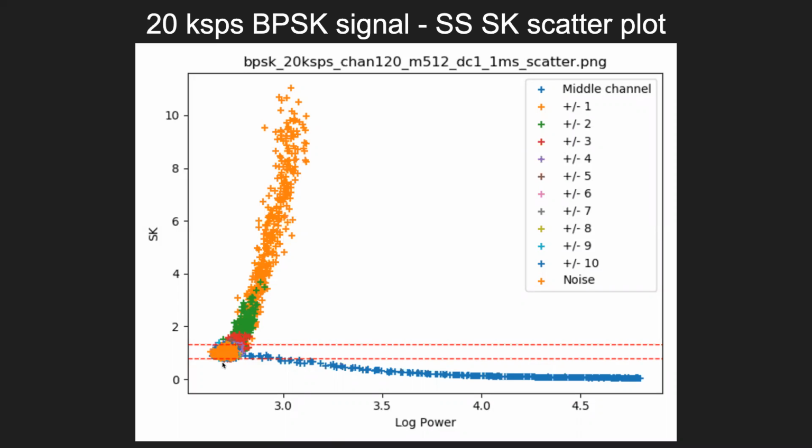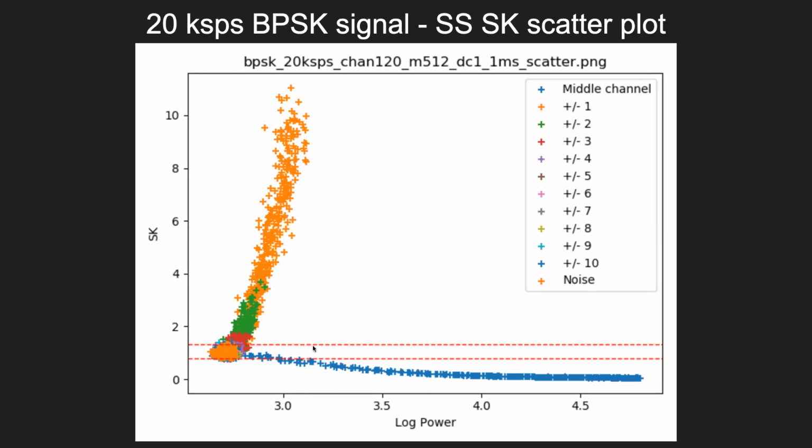Someone with more statistics knowledge than me or Ryan can maybe understand this, but it's apparent that as the signal gets stronger in the middle channel, our SK values go lower than 1 and outside of our threshold, which is like 0.78 to 1.31, I think, if I remember correctly.